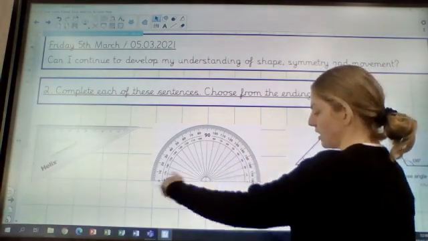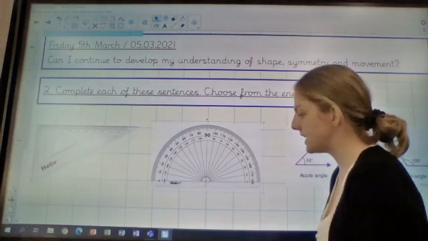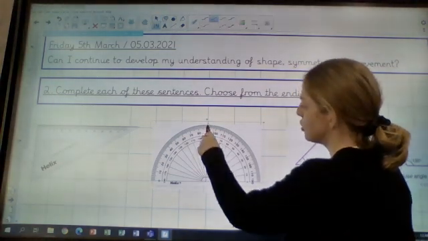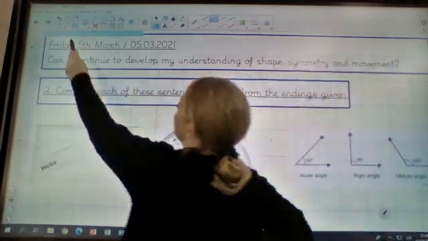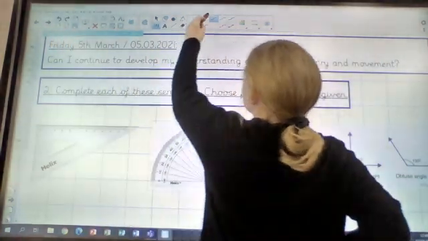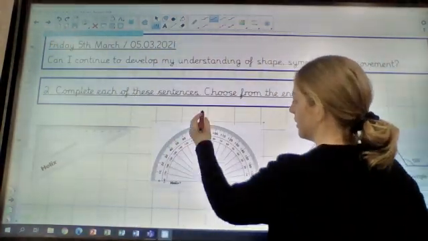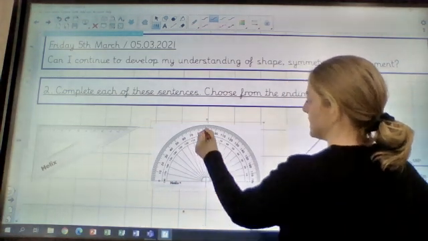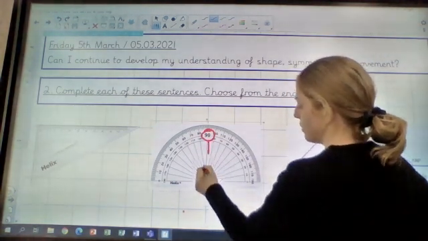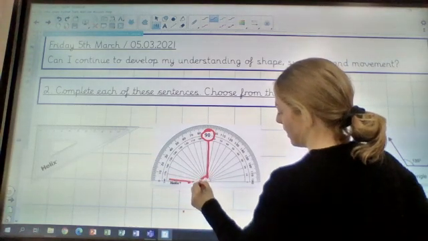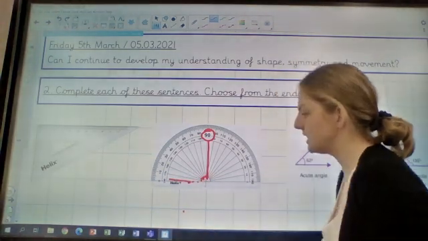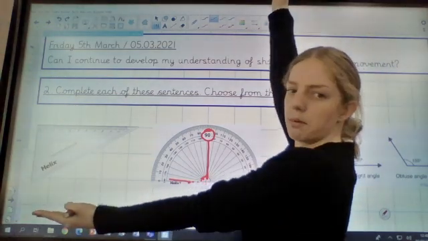Now it's a semicircle. It only goes up to 180 degrees, but it does have 90 degrees here, okay? So this point here, that point there, that's 90 degrees. So remember, that would be 90 degrees.